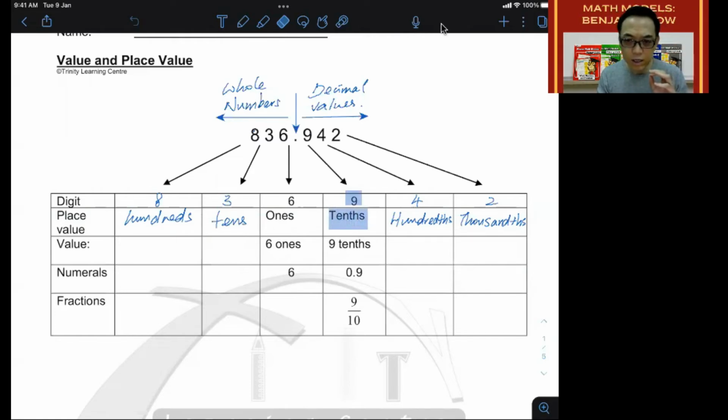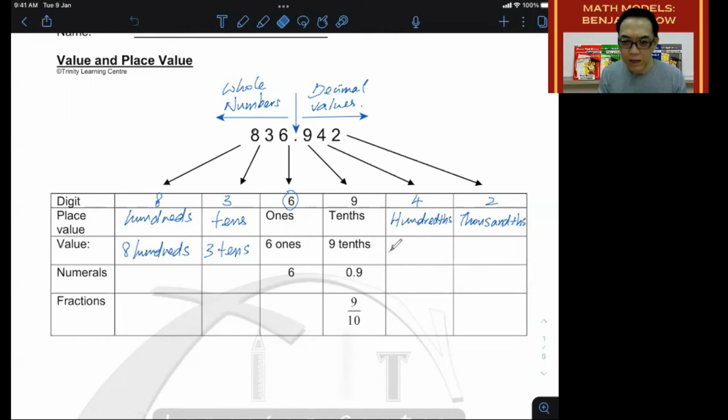Now, if you go to the next one, it says, what is the value? Now, the value means how much is it worth? Okay, so the value in the second row, as you can see here, is 6 and is in the position of the ones, therefore 6 ones. So in the same way, this will be 3 tenths and this will be 8 hundredths. Okay, there are 8 hundreds and there are 3 tens.